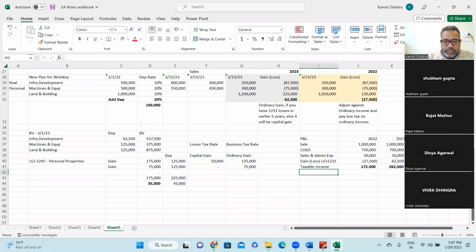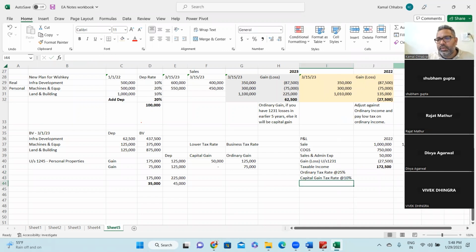So this is your taxable income. Now you have the ordinary tax rate at 25%, and you have the capital gain tax rate at 10%.